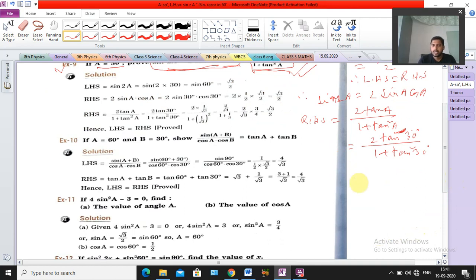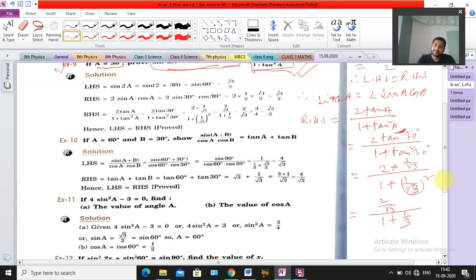Now do the calculation. 2 tan 30 degrees: tan 30 degrees means 1 by root 3. Plus, tan square 30 degrees means 1 by root 3 whole square. Clear? Next, 2 into 1 by root 3 means 2 by root 3. And in the denominator we are getting 1 plus 1 by root 3 whole square, which is 1 by 3.